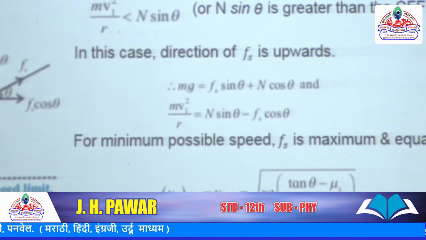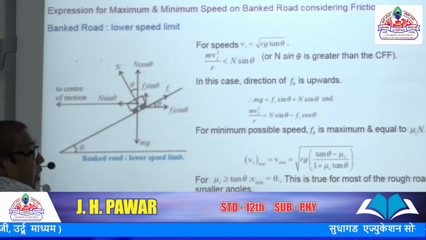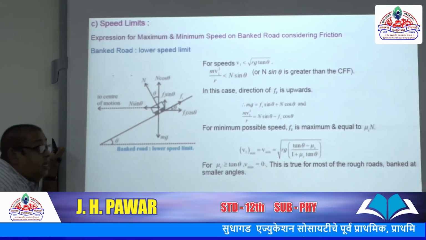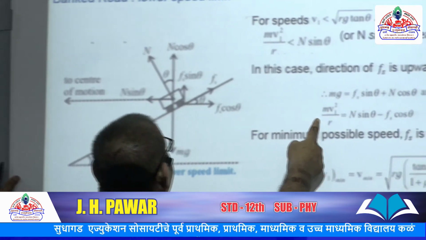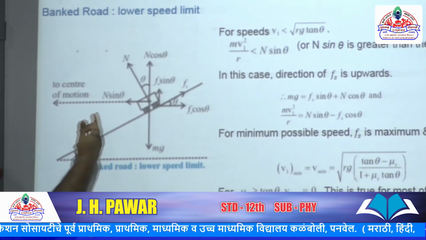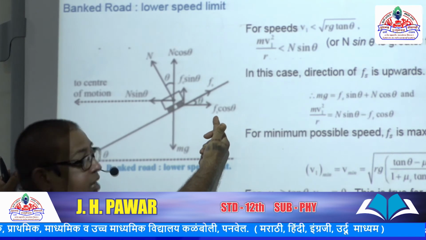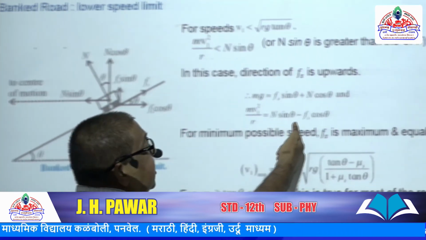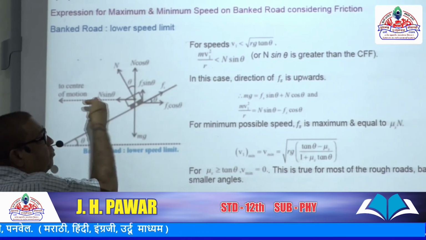And thereafter another thing. Look, when this vehicle takes a turn, a centripetal force is there which balances the centrifugal force. Centripetal force is given by the net force acting on it. Which is the net force? We know that N sin theta is greater and Fs cos theta is less. The resultant of them is N sin theta minus Fs cos theta, since both are in opposite directions.